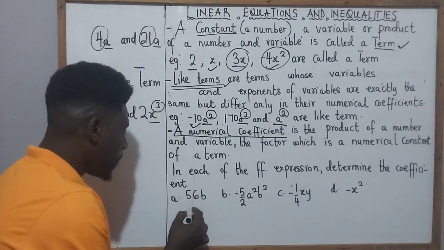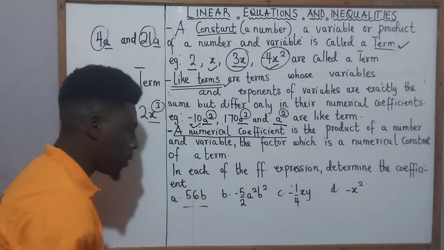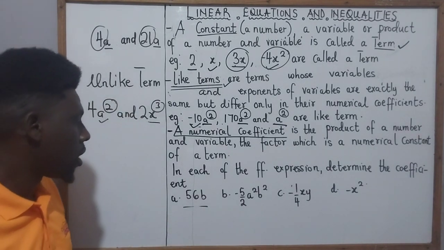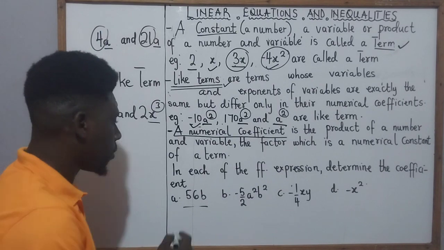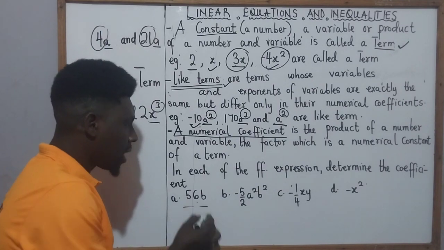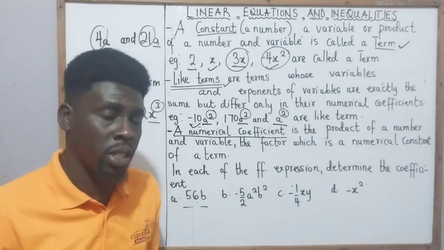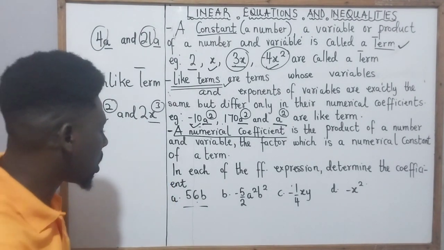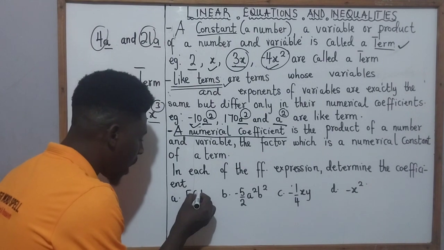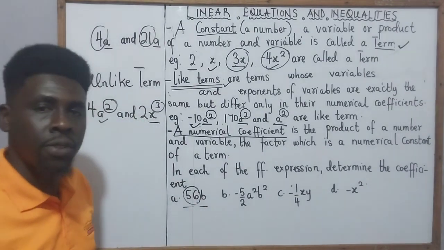So when we take A, 56b, okay, 56b is made up of a constant and a variable, and we are looking for the numerical coefficient. The numerical coefficient of 56b is the number here, which is 56.